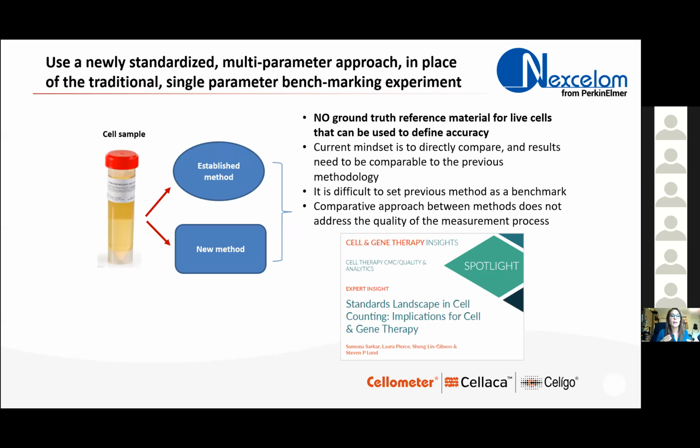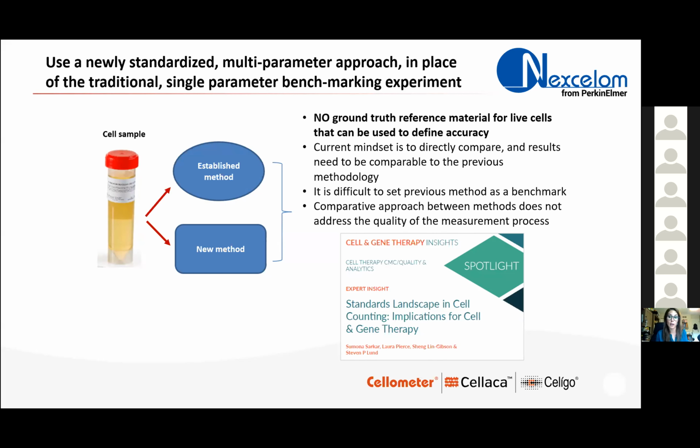And one of the challenges that Nexcelom encounters is that many people want to compare one of our instruments to something they're currently using or another instrument that's out there to make a decision. And the challenge becomes, as you remember from the beginning, there are instruments that are very precise, but they are not accurate for the cell sample in question. And so the current mindset is often, well, let's directly compare method A, B, and C, and we want them all to match.